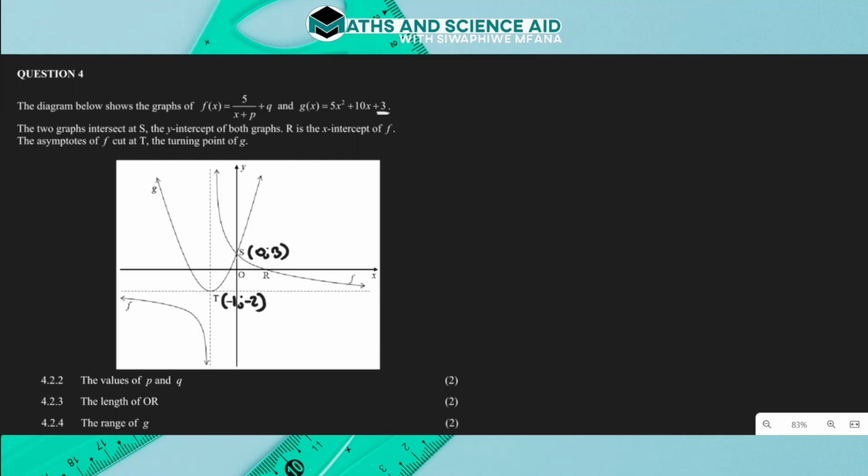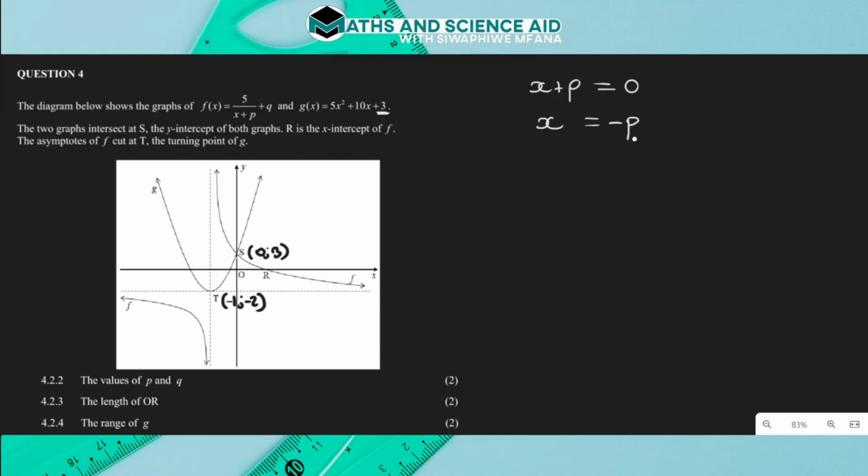For the x asymptote, bear in mind that you take the denominator x plus p, and equate it to 0. After doing that, you transpose p to the other side, so x is equal to minus p.